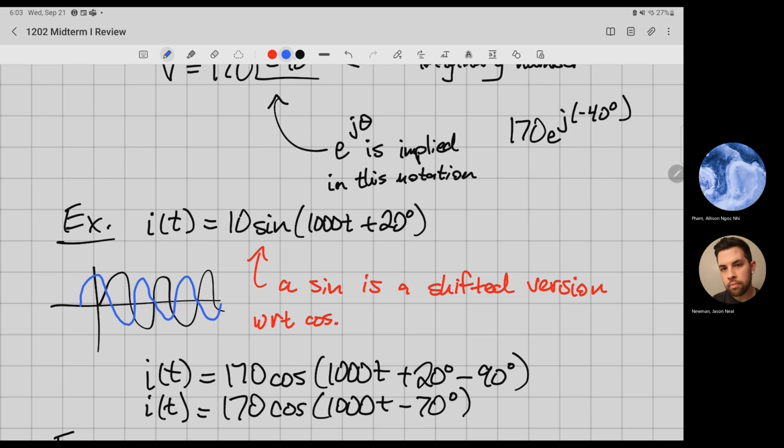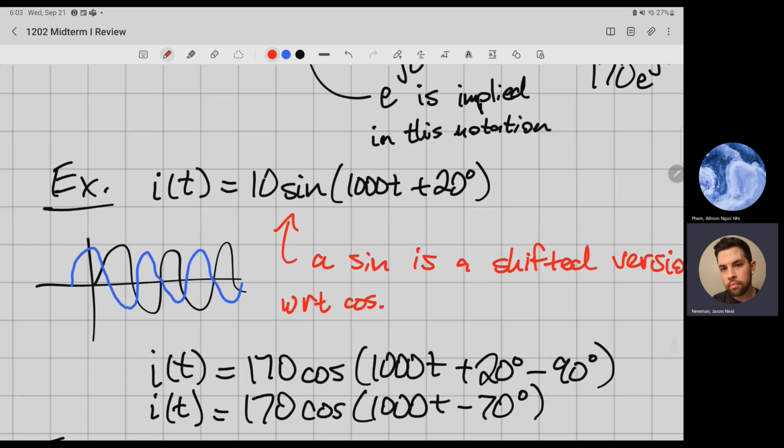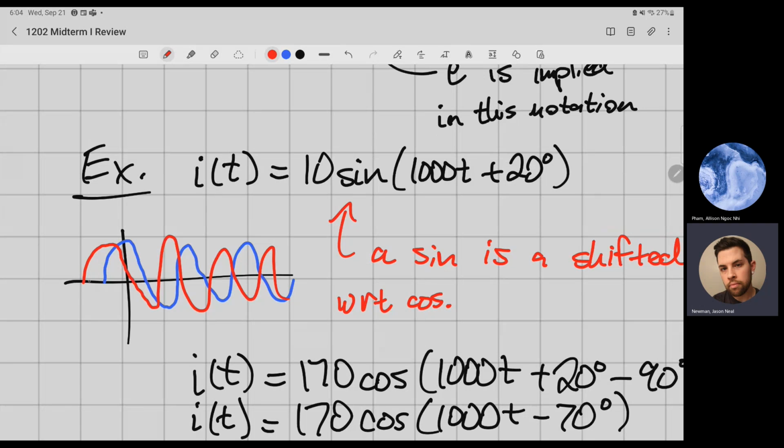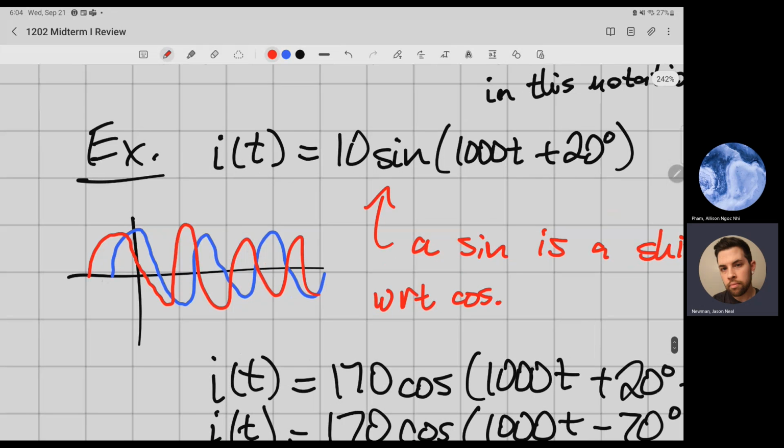So say sine is shifted to the left behind your cosine. I know this is a terrible drawing. This little gap right here is your phase shift.